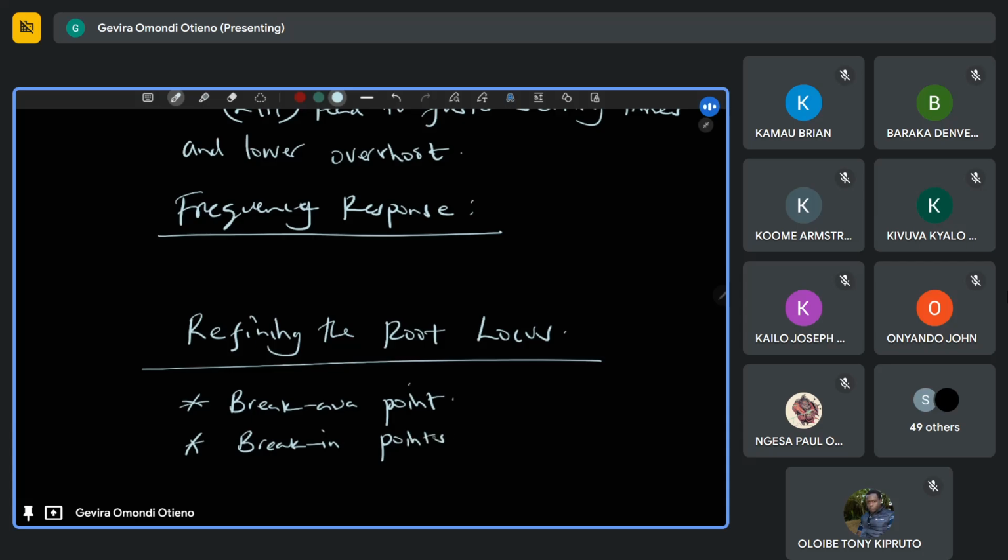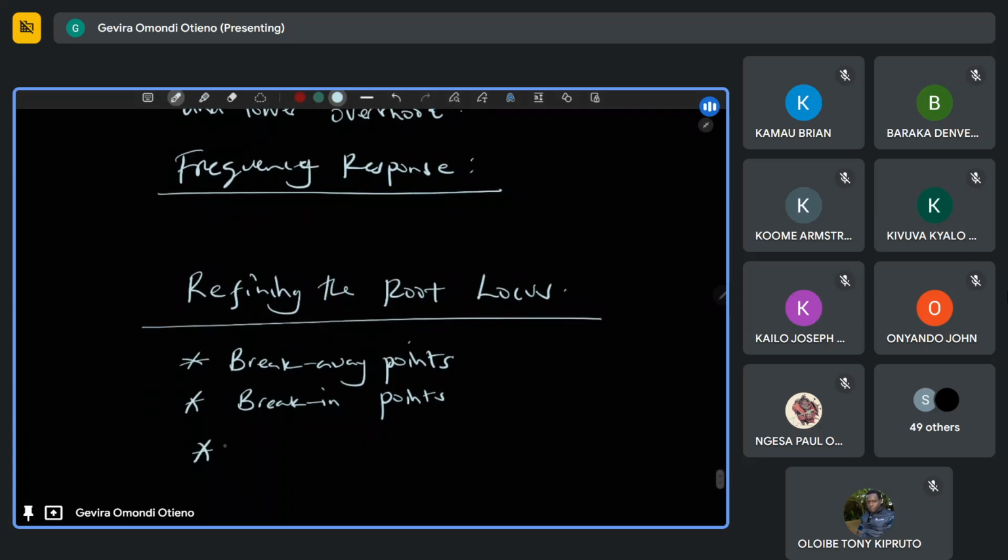The break-in points, okay? Remember, you can have more than one breakaway point and more than one break-in point based on the number of poles and the number of imaginary poles and so on. And also on the J omega axis crossing, another important one.